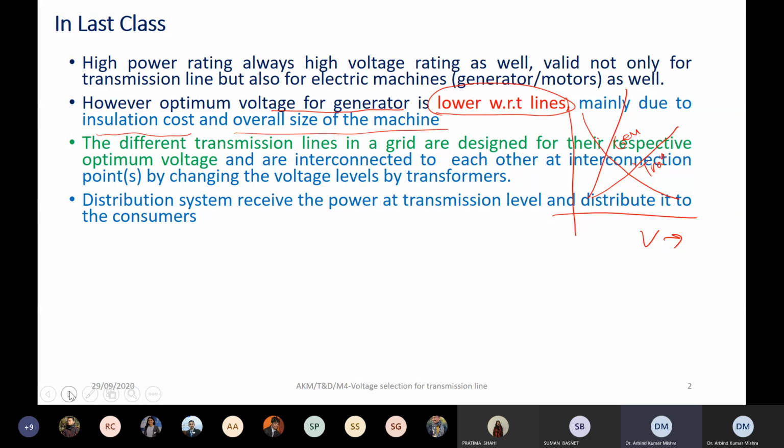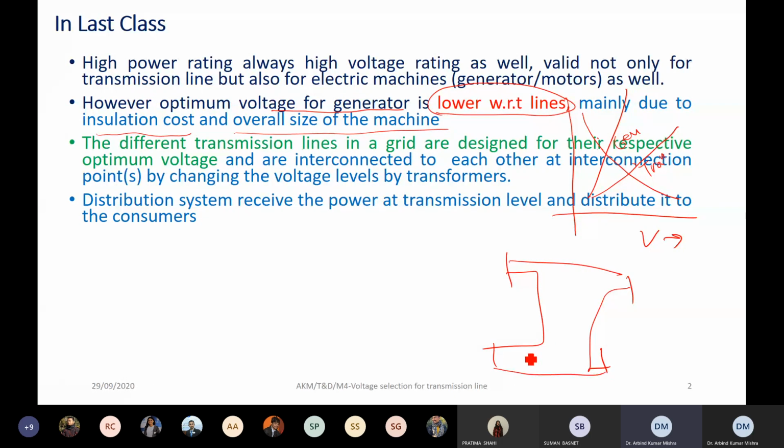Then we discussed that in a power delivery system, we have one part called transmission. By now you might be a little aware of what transmission and distribution are. Basically, the distribution system receives the power at the transmission level. So we have a grid, and these grids may be connected like this.